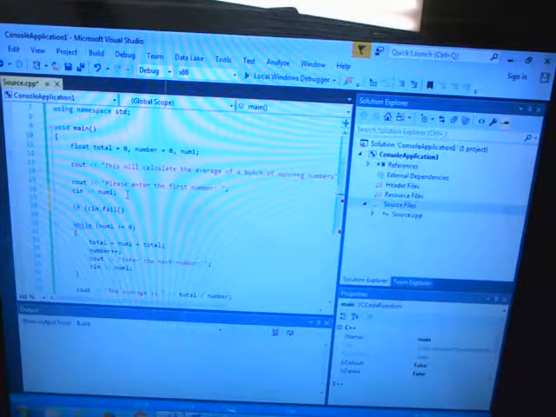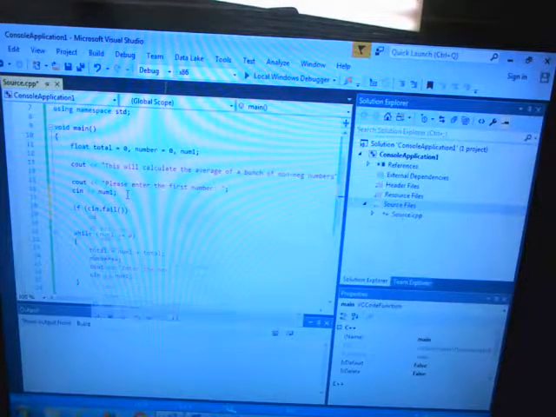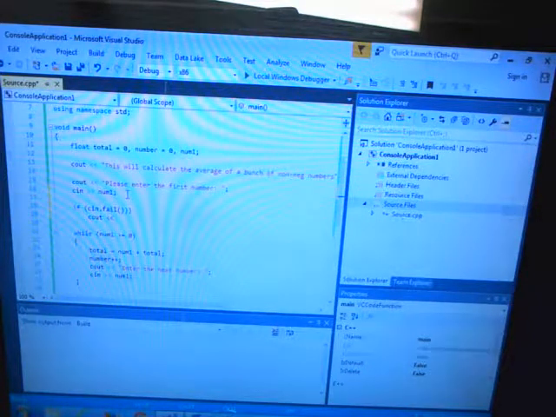I think that's a command. We're going to see if it works. cout invalid input. I got one too many brackets there.